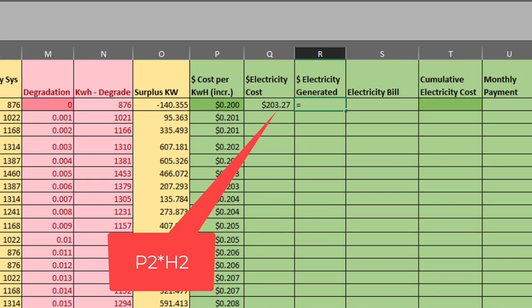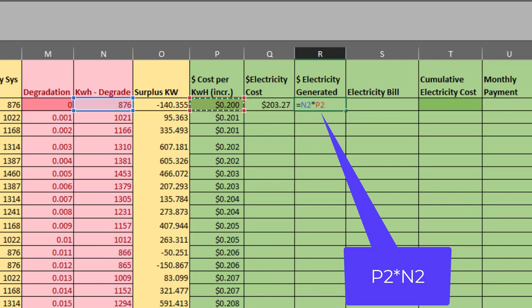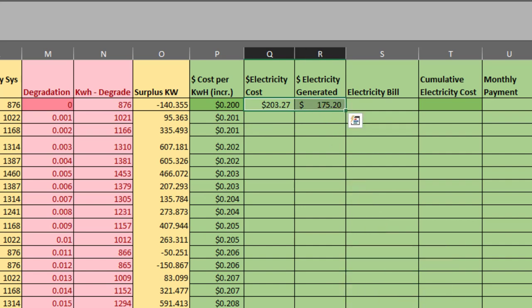Then how much did we generate, which is the kilowatt hours that we generated including the degradation, and then we multiply that by 20 cents. For this first month we have a deficit of about 25 bucks.